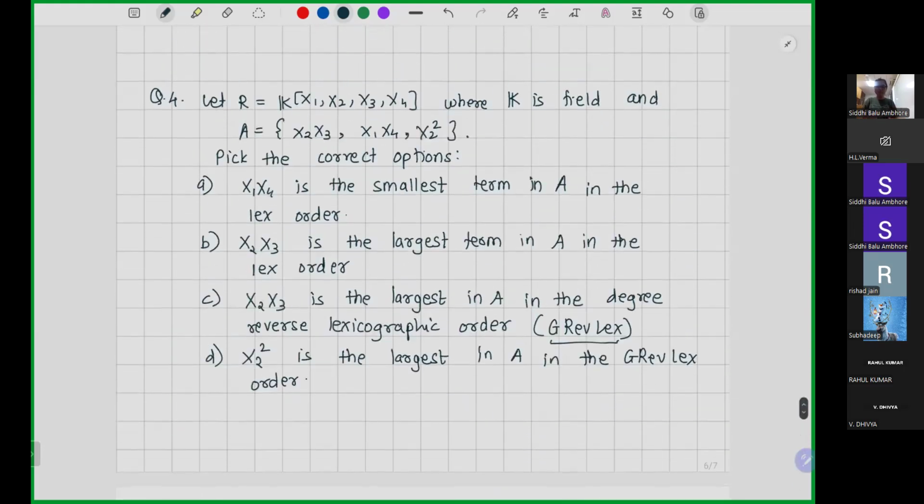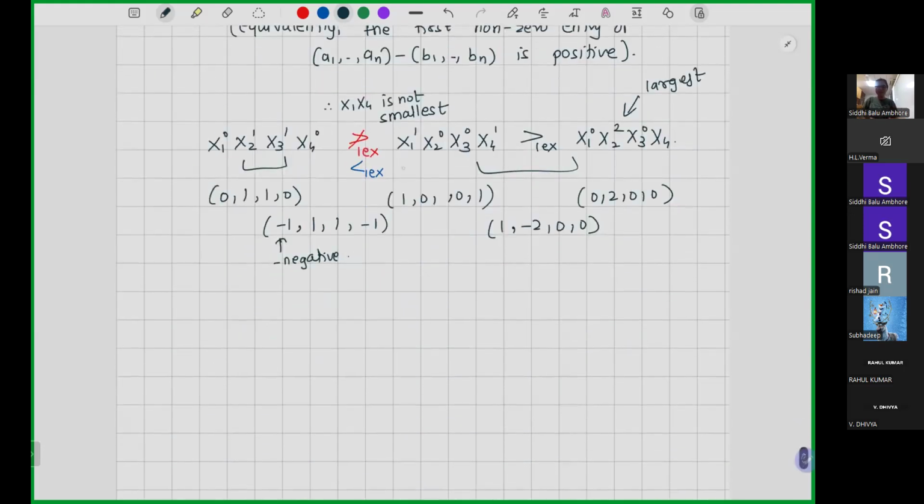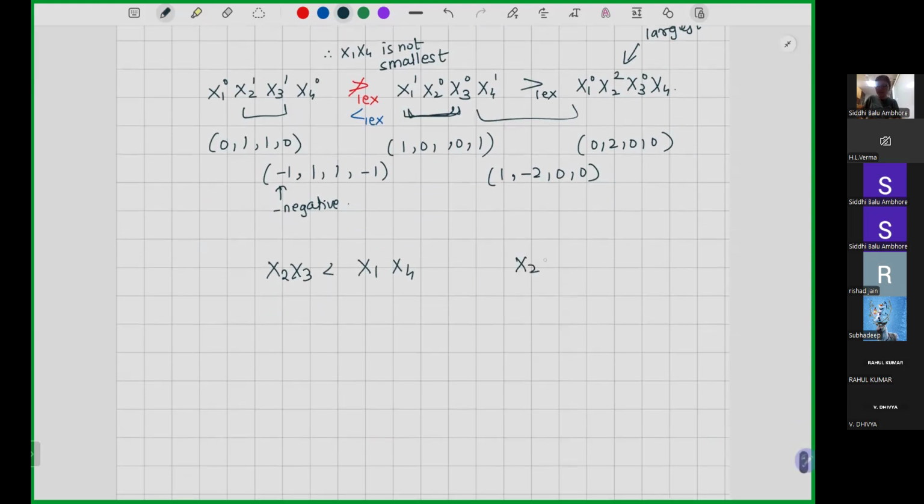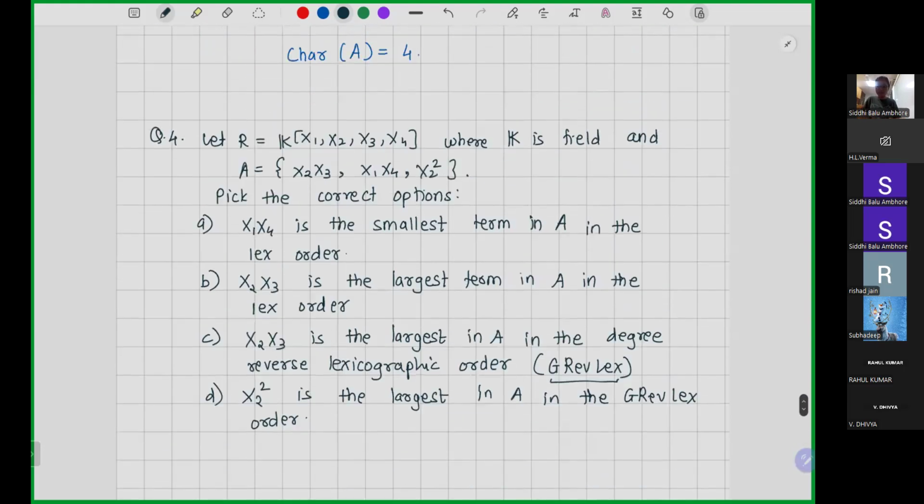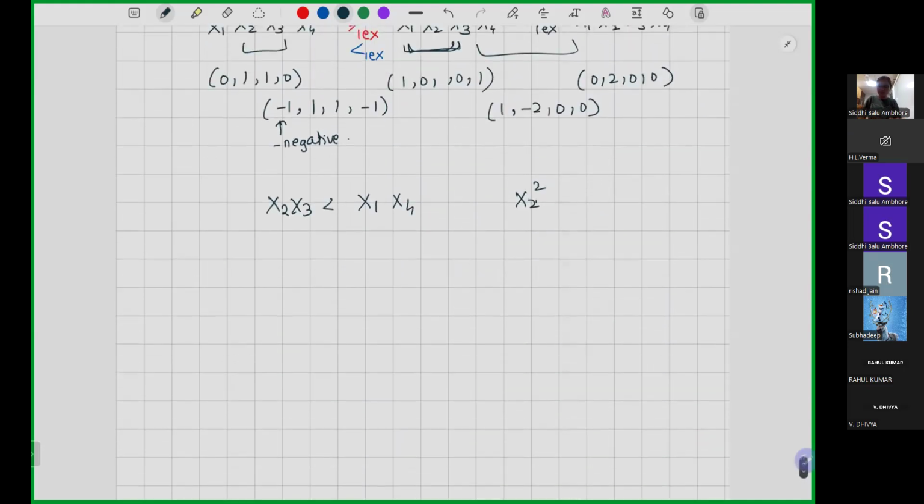We will check now. This one is left, and we have to check. So x2 x3 is smaller than x1 x4, right? And now they are asking about x2 square, and we have to check whether this x2 x3 is largest here or not. So we have to check this x2 x3 and x2 square.